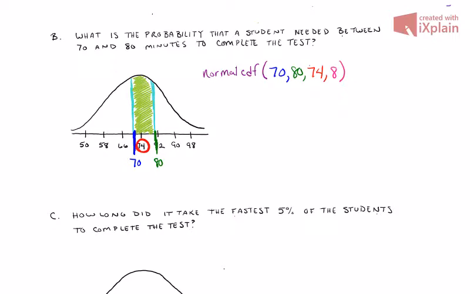So if we do second vars, we're going to select option 2, which is normal CDF. We will type in 70 for our lower, 80 for our upper, 74 for our mean, and 8 for our standard deviation. Go ahead and hit enter, and I get the following results.